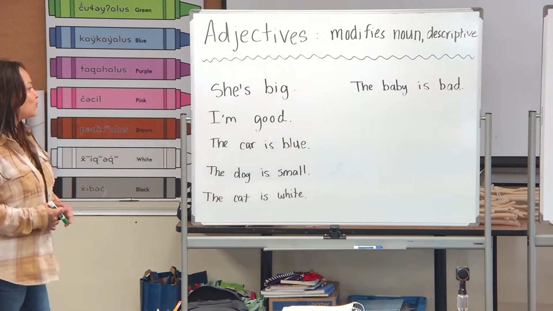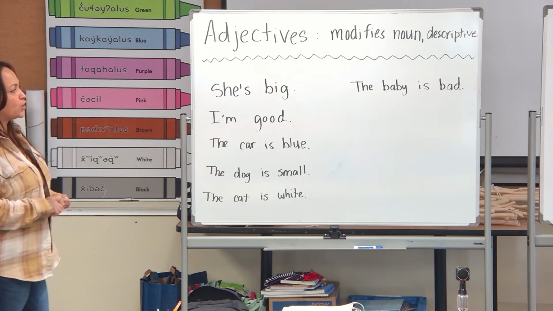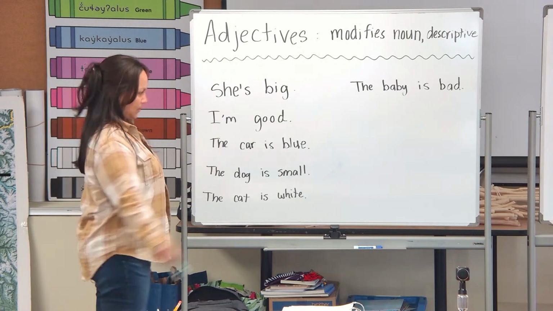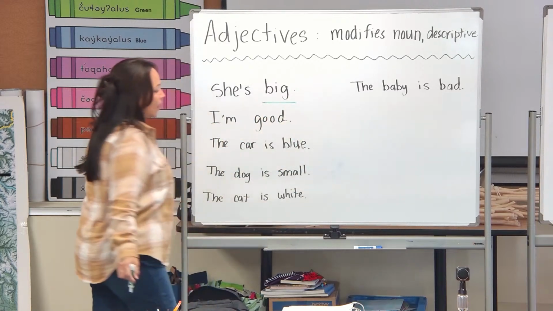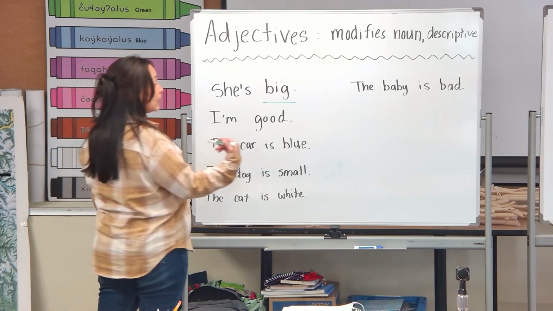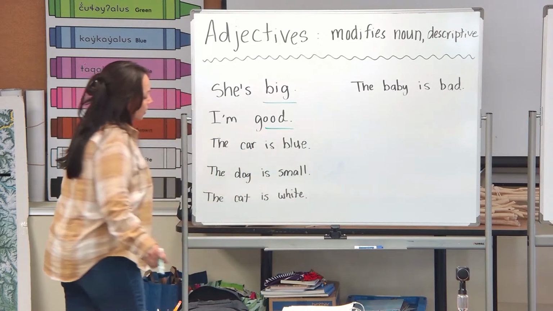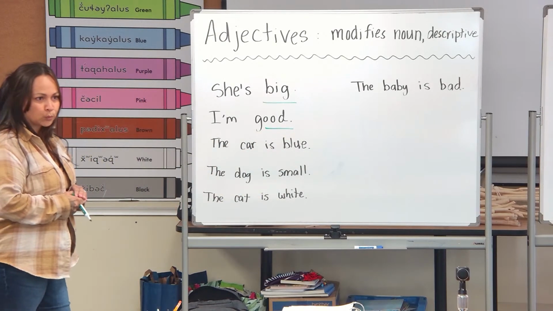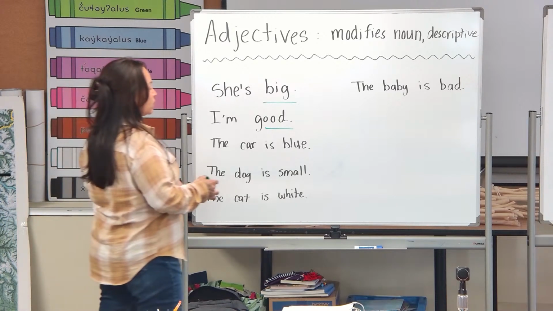Okay, the first one, she's big. What is the adjective? What is describing? I'm good. What is the descriptor? What am I? Good. I'm good. The car is blue. What's a descriptive word?